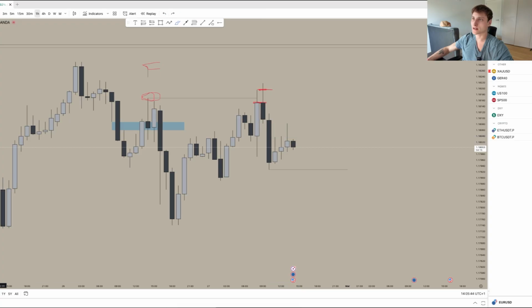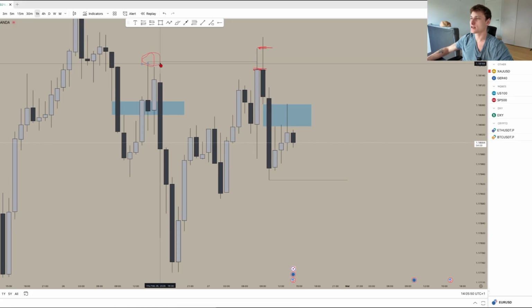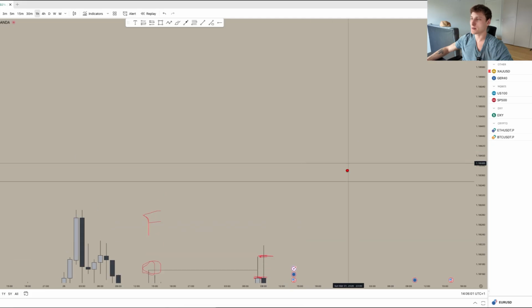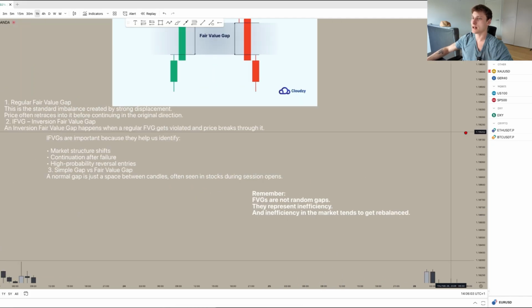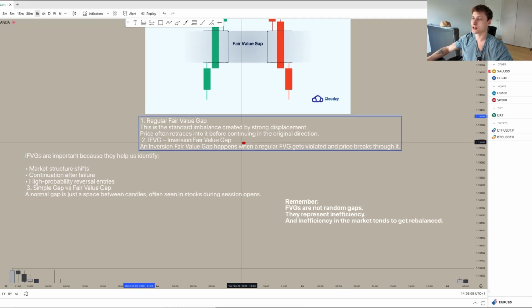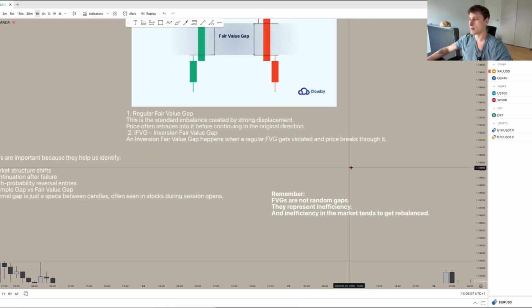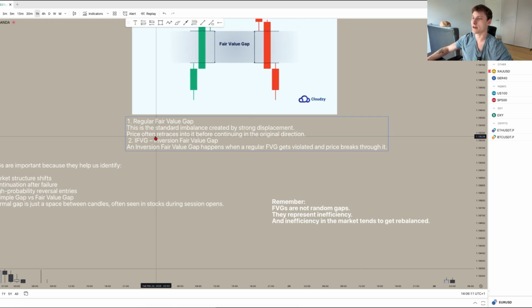This is our FVG, which was made after the price swept these highs. After this liquidity sweep, the short move was so strong that the imbalance appears. This is the first and main reason why the imbalance shows up: the price swept some liquidity and gave us a really strong reaction.